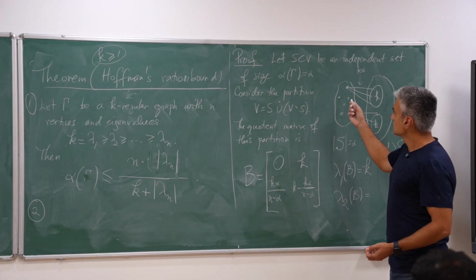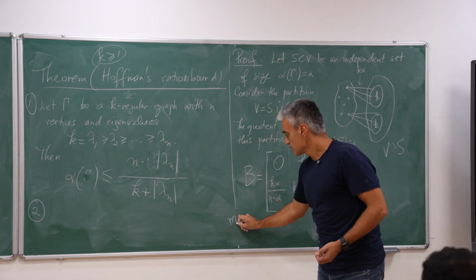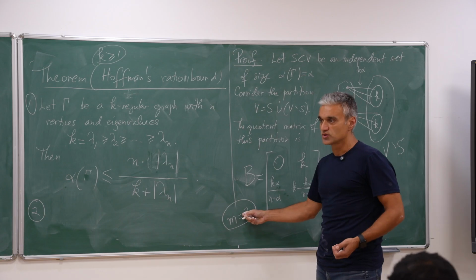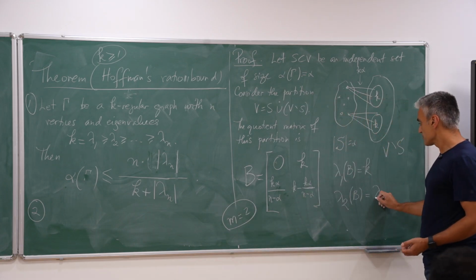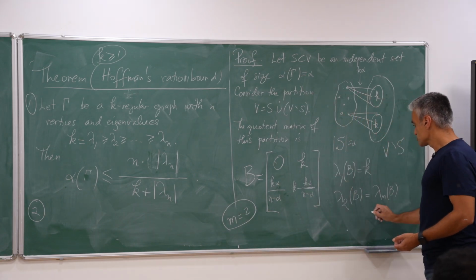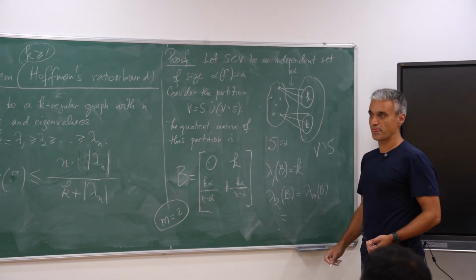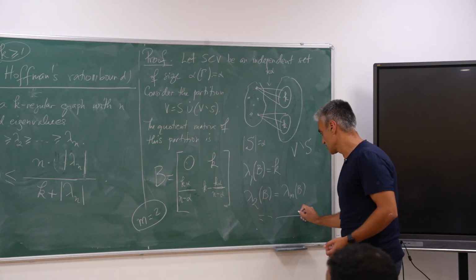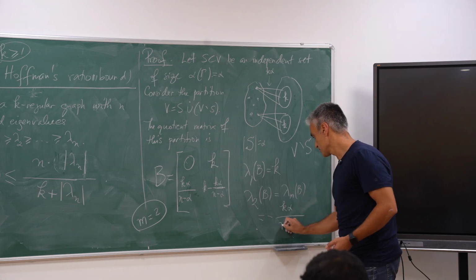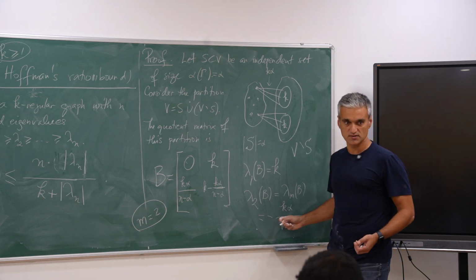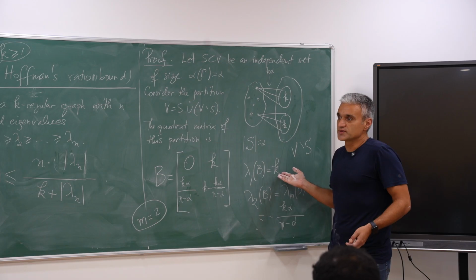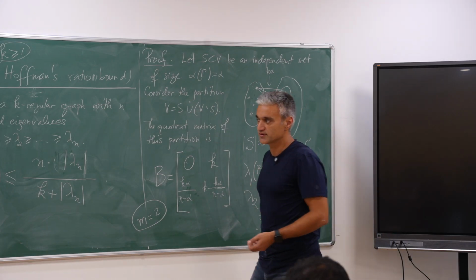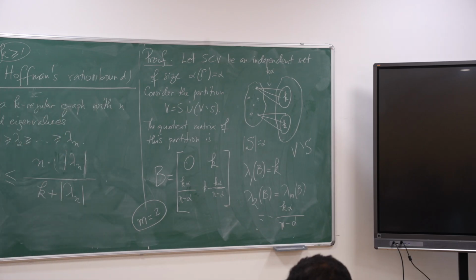In this case, the m that we use in our proof of interlacing is 2. So this is the same thing as lambda m of B, and this will be how much? It's minus k alpha over n minus alpha. So it's negative. There's not much I can do with this. Lambda 1 is k. Well, you can apply everything you want, it's not going to help you anything. But the other value helps me.